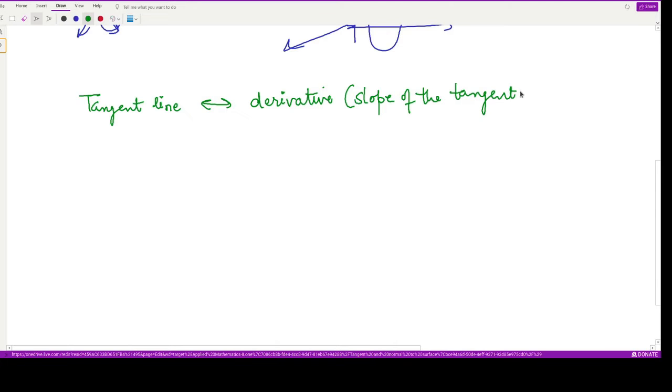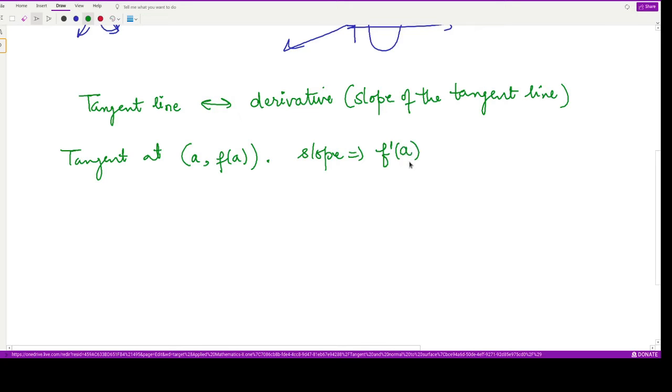Accordingly, if I want to calculate the tangent line at the point a comma f of a, which is some point given to you, then its slope would be f dash of a.